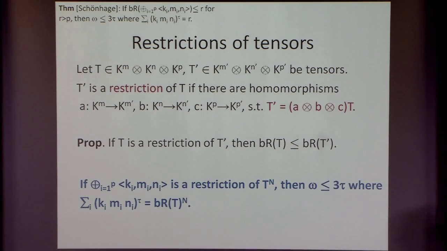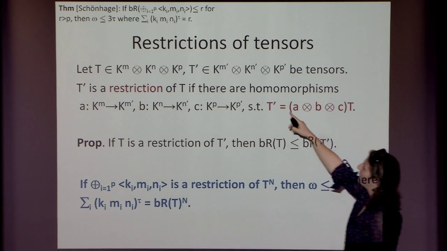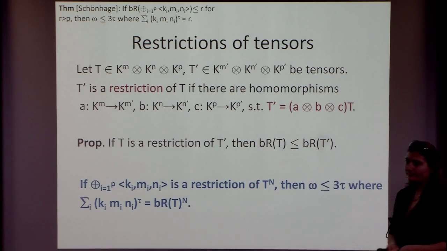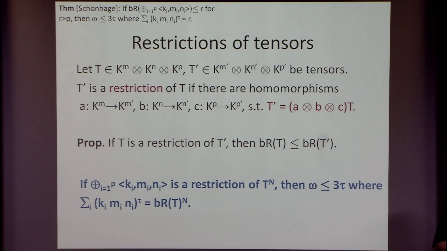In principle, this is exactly the approach that all the papers since Schoenhage take. We take a tensor, we blow it up, we know a bound on its border rank, then we search for a direct sum of matrix products in it, and we apply Schoenhage's inequality up there. So this is the approach. And now I have to tell you about how you find direct sums of matrix products in tensors.